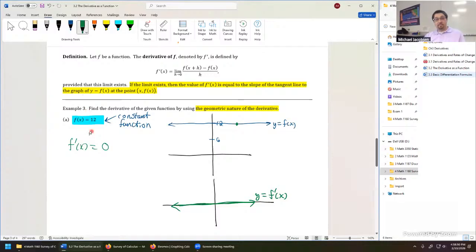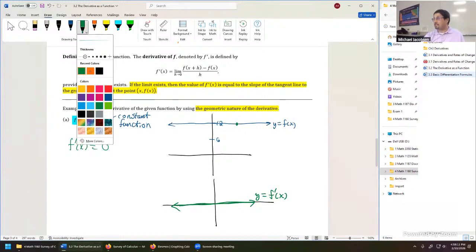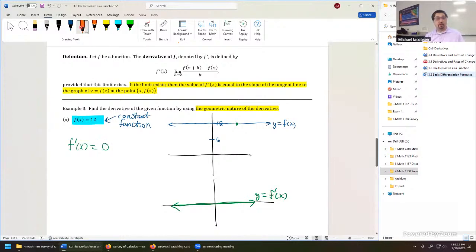And so that's kind of an amazing problem in a certain sense. Any constant function you pick, the graph is always horizontal, flat. That means the tangent line is also horizontal, but the derivative is always equal to the slope of the tangent line. So in these cases, it's always 0 no matter what. Any questions at all, folks, with part A?